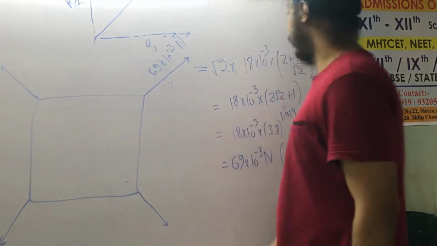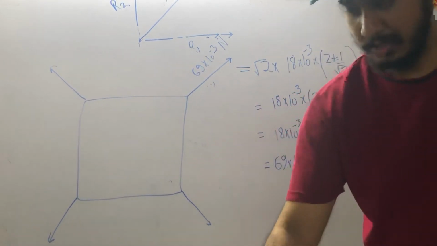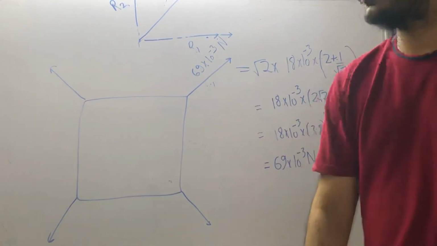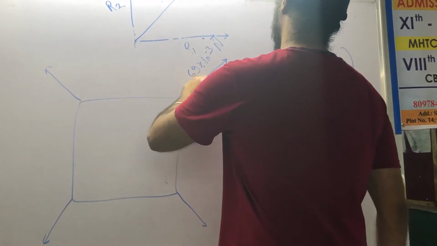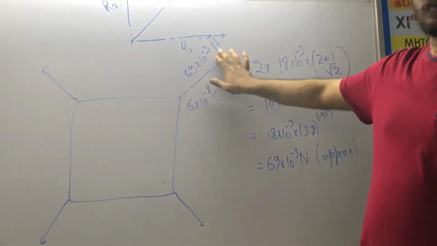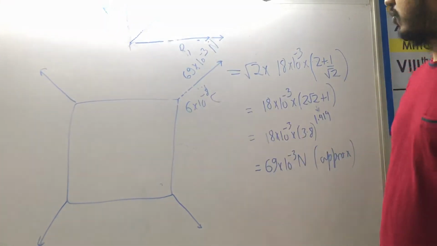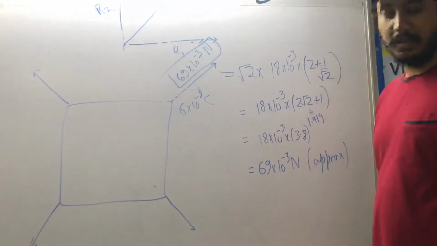All of the charges had the same value, that is how much? 6 into 10 raised to the power minus 8 coulomb. So the force experienced by all the charges will also be the same. So 69 into 10 raised to the power minus 3 Newton is the correct answer.